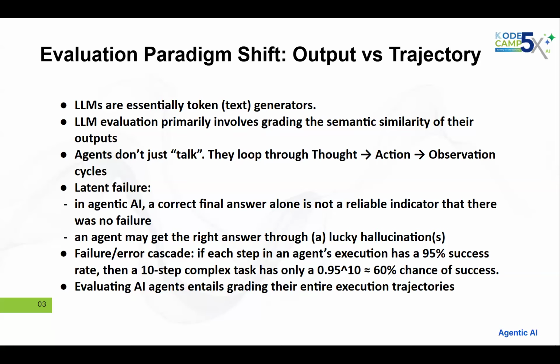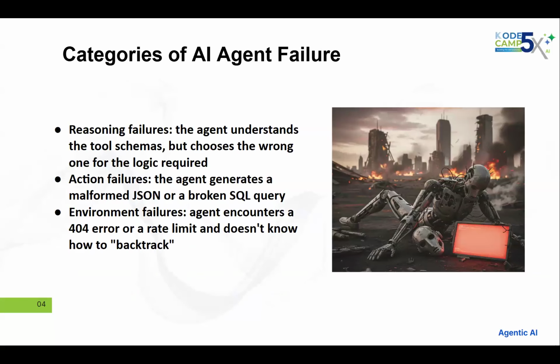Okay, so move ahead. Next we look at the categories of failures in AI agents. The categories include reasoning failures. Let's assume the agent understands its tool schemas, right? It knows the tools that are available to it. It knows the schemas for those tools.